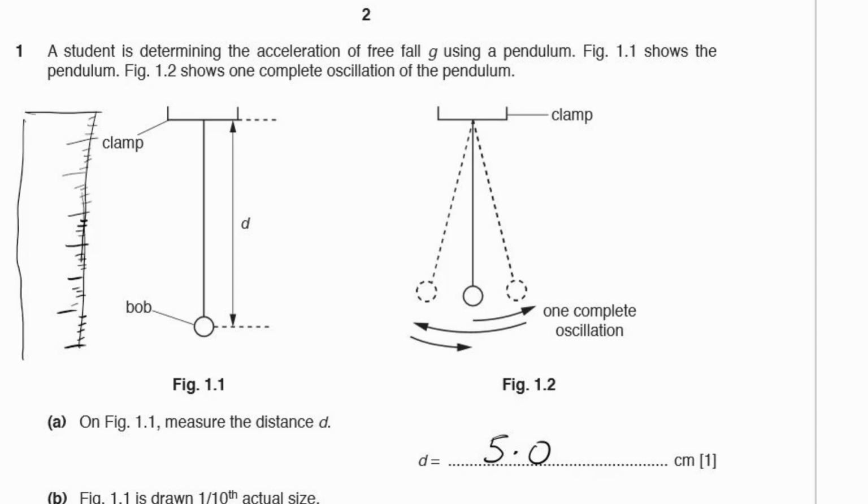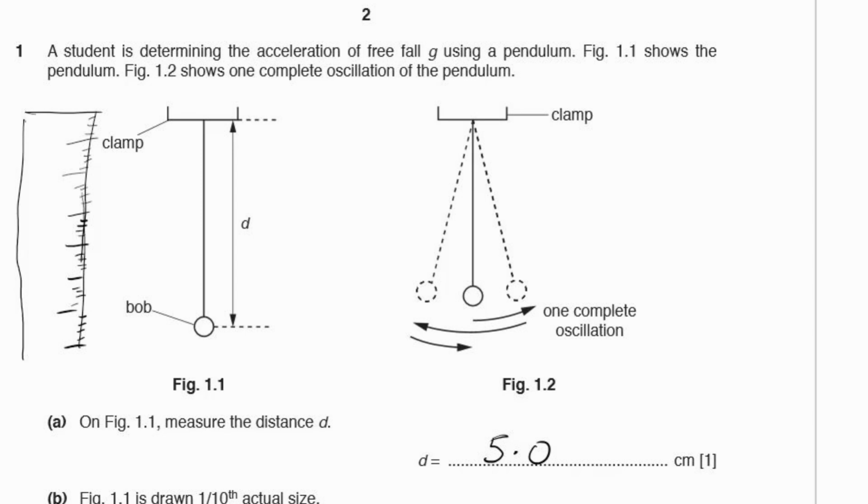Now, this is a key point. If you're printing off these exams and you're working through them at home, then what you'll find is the distance you measure will be slightly different. I printed it off on letter size paper, and the distance I measured was 4.5 centimetres. If you print it off in A4, you might measure 4.7 centimetres.